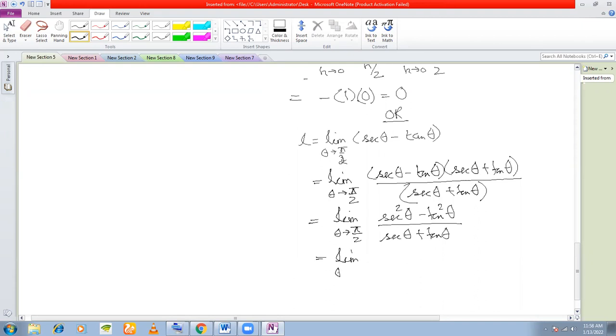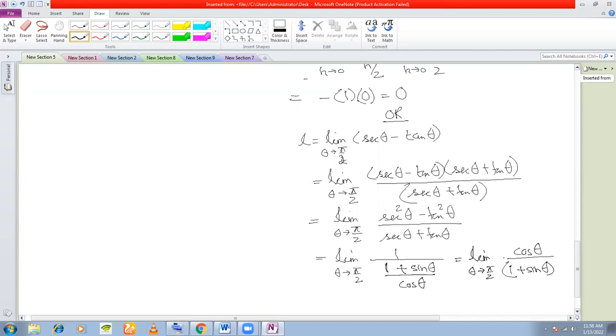Limit theta tends to pi by 2, I get 1 by, and now I change sec theta to 1 by cos theta and tan theta to sine theta by cos theta. So I get 1 by 1 plus sine theta by cos theta. Okay. Then limit theta tends to pi by 2 of cos theta by 1 plus sine theta.